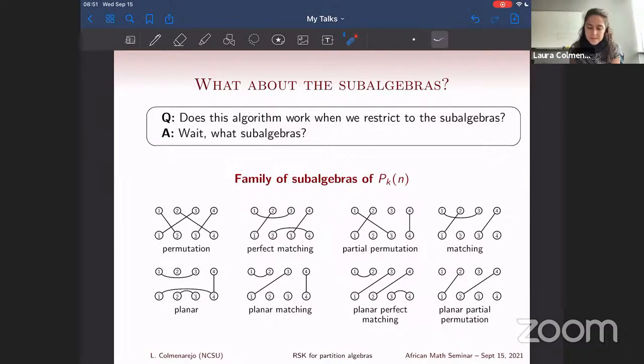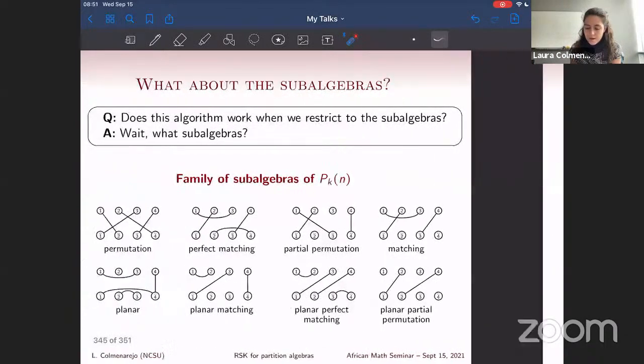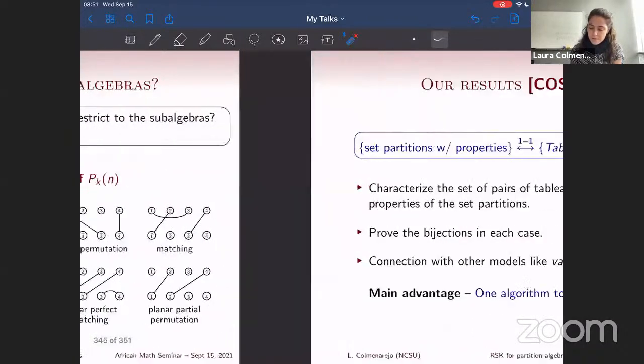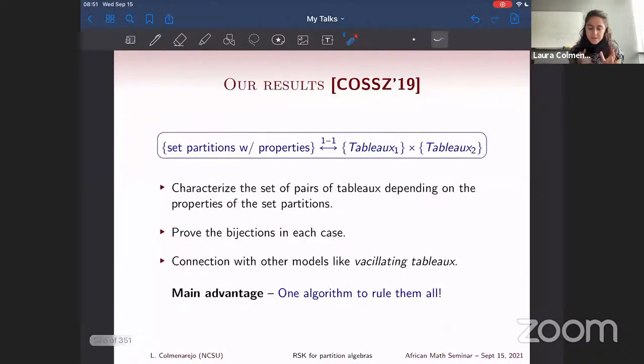And what happens is that each of these restrictions corresponds to one of the subalgebras that I told you on the table. So let me summarize what we did. Now, instead of having set partitions in general, I'm going to have set partitions with some properties. These properties are the ones coming from the graphs, from the diagrams. And then those are going to be in one-to-one correspondence with pairs of tableaux.